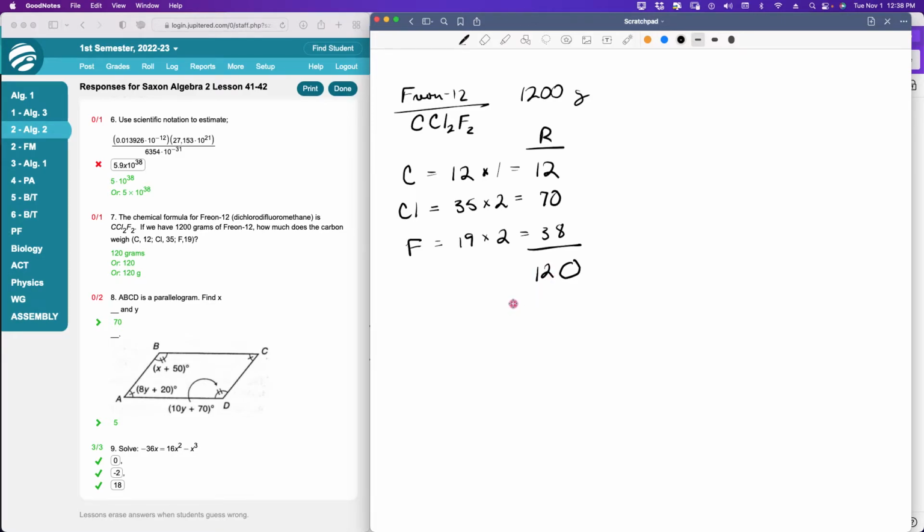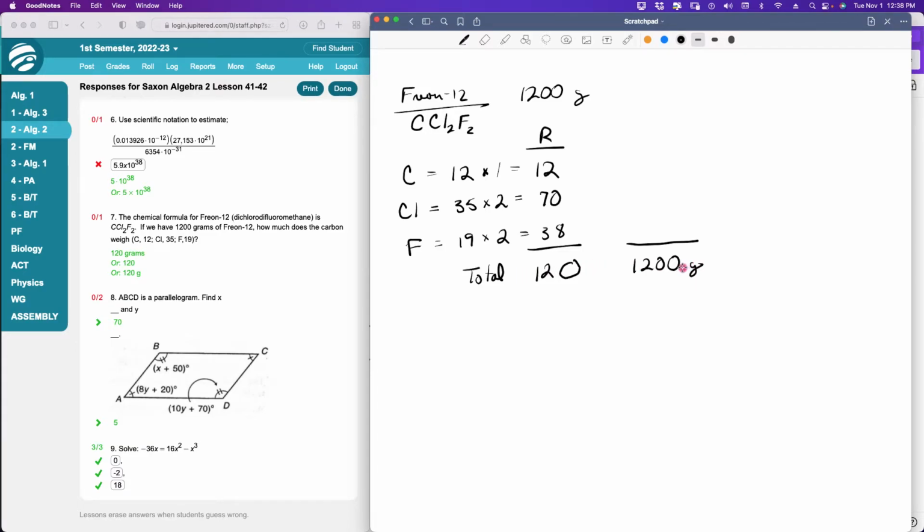Now we are worried about how much. There's a total here of 1,200 grams. This is our total in this chemical solution.